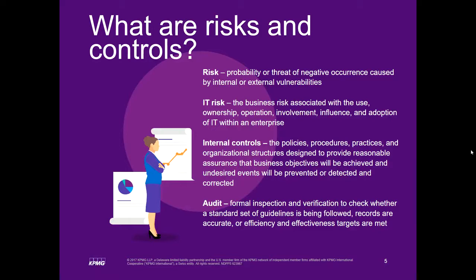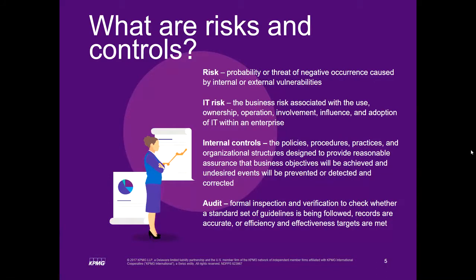So just big picture here, risk and controls. Risk is just the probability that something negative is going to happen. It could be internal or external. IT risk is a specific risk related to the use and operation of IT within companies. Internal controls, which we've already talked about, are basically a process to make sure we have reasonable assurance that the objectives are met.